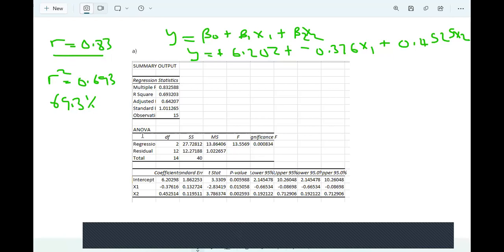What is our degree of freedom? 14. 14. Are we all agreed?